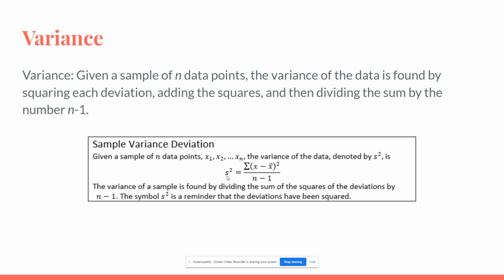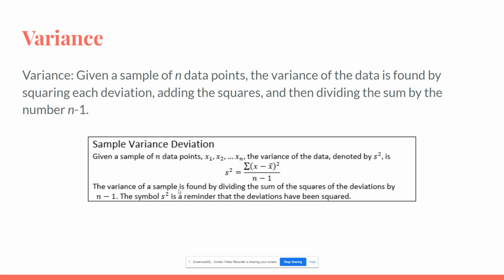We are going to note variance as s squared. So we add up all of the squared deviations, and then we divide by the total. This is essentially an average that we are calculating, an average difference from the mean. That is variance.